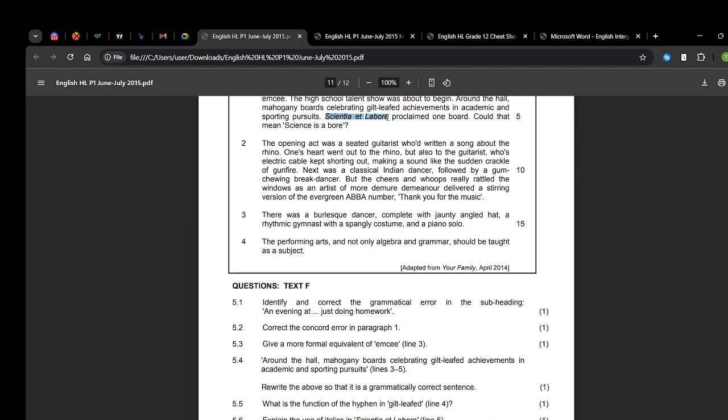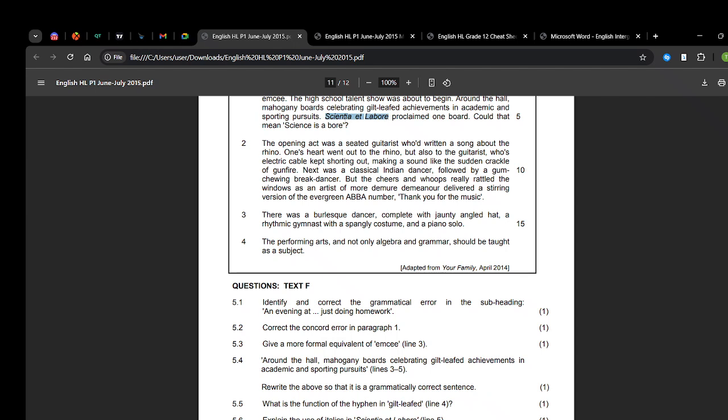Otherwise, I can give it to you guys. You guys have done well. So I'll give it to you guys. What I would say, the main use of italics is basically to emphasize a word or basically to distinguish the difference between words that you're normally used to and words that you're not used to.